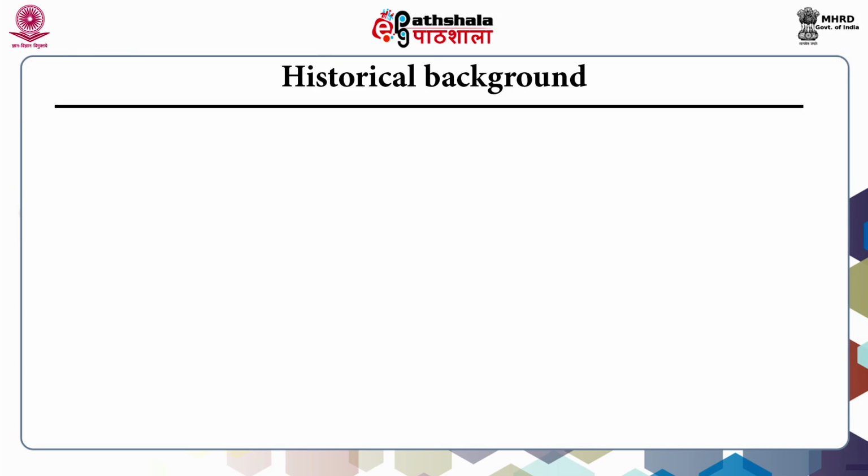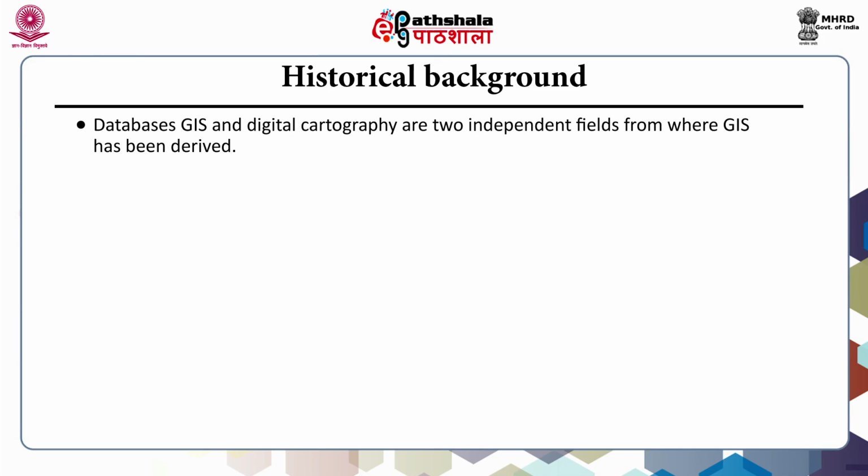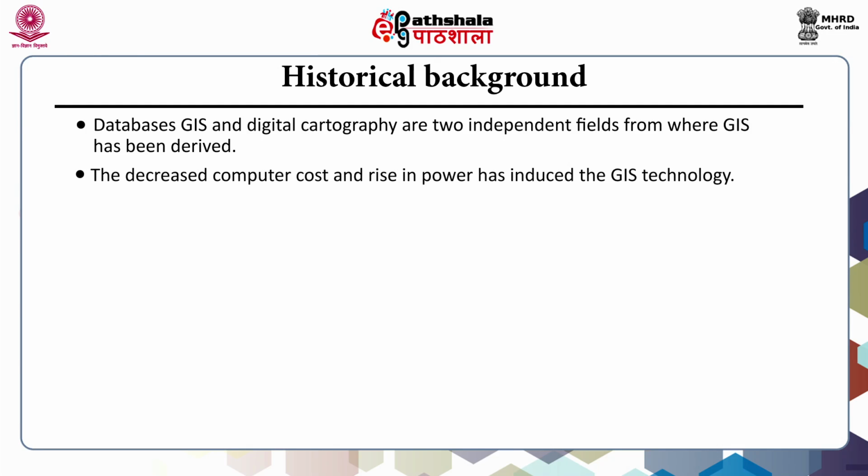So, now coming to our main topic, that is the historical background of GIS. As you all know, database systems and digital cartography are the two independent fields from which GIS has been derived. The decreased computer cost and the rise in power has induced GIS technology. So, the first one is the database link.